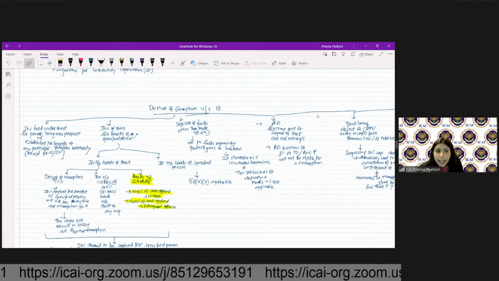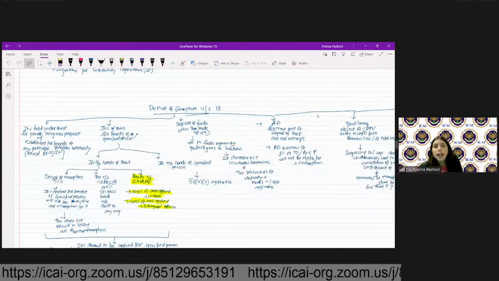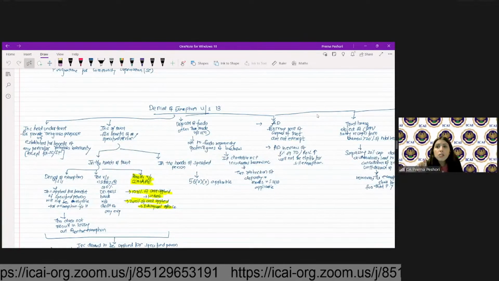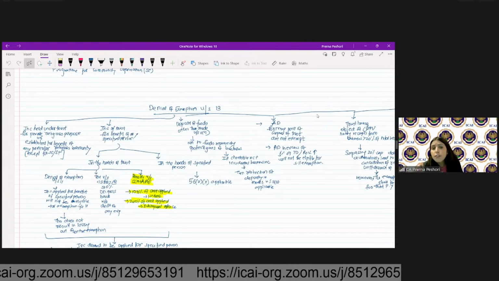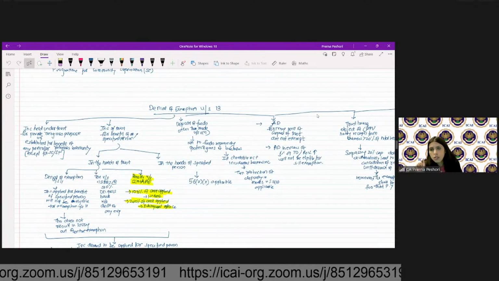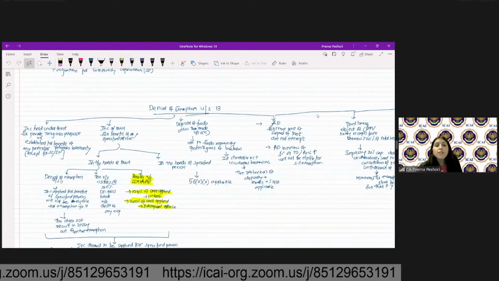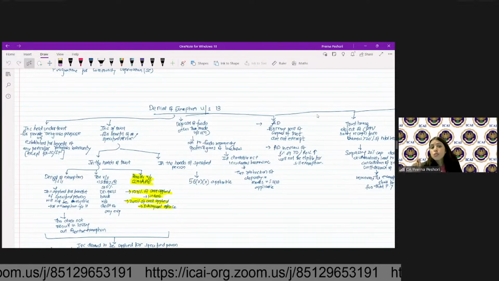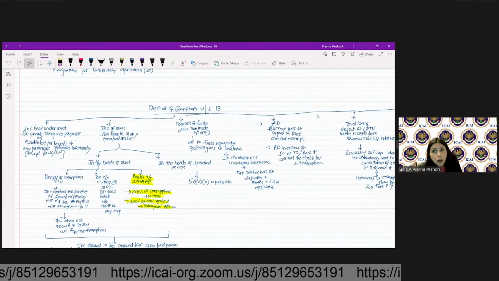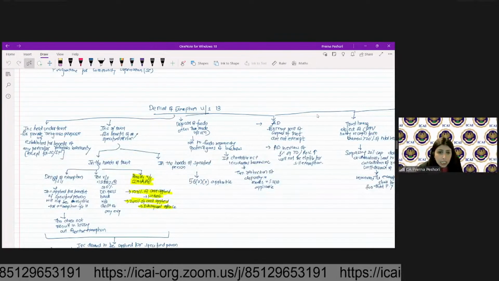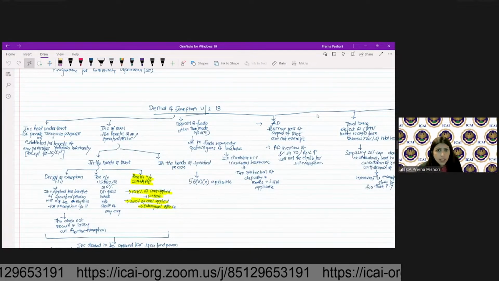There will be the tax on this income at the rate of 30% on the gross basis without any deduction of the expenditure. Plus, there will be penalty under section 271AAE. 100% of the amount applied will be penalty if it is done for the first time.